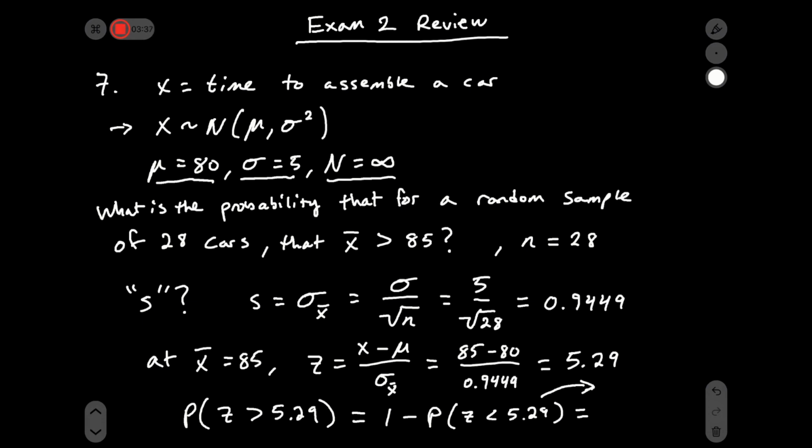In other words, this whole thing here is equal to 1 minus 1, which equals 0. Okay, so the probability that the sample mean is greater than 85 is actually 0%.